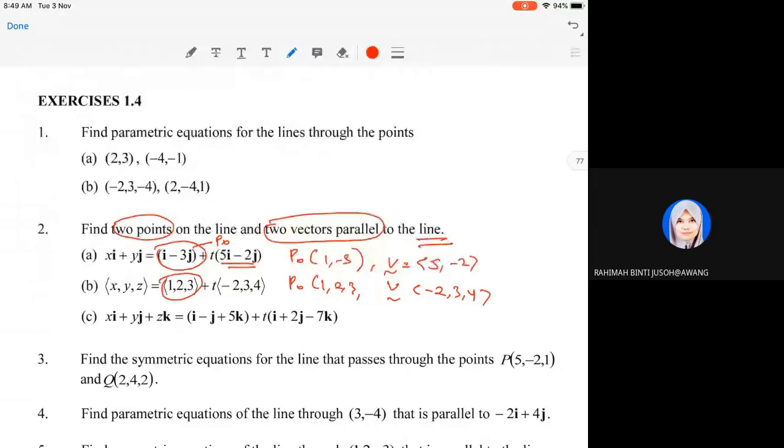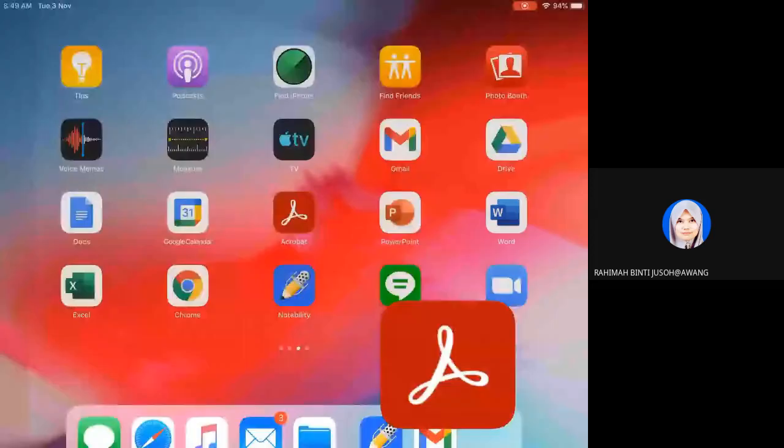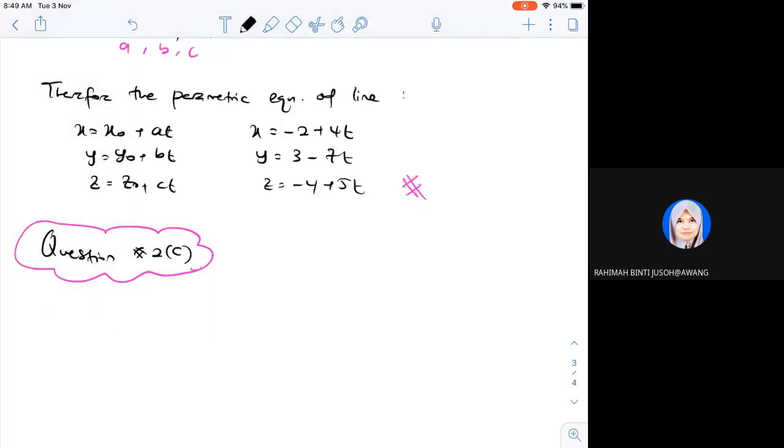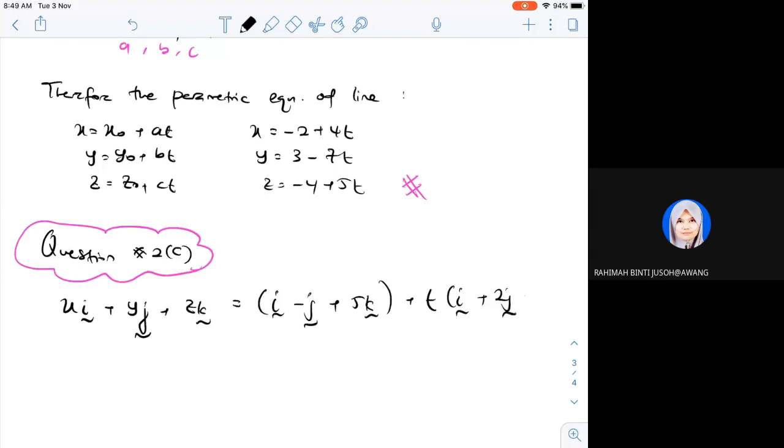Okay, question 2C. We have xi plus yj plus zk equals i minus j plus 5k plus t(i plus 2j minus 7k).